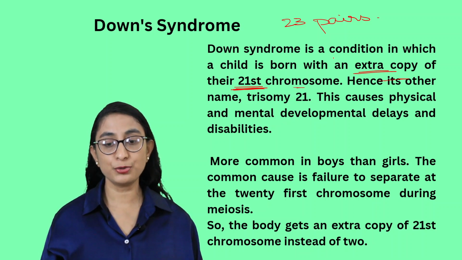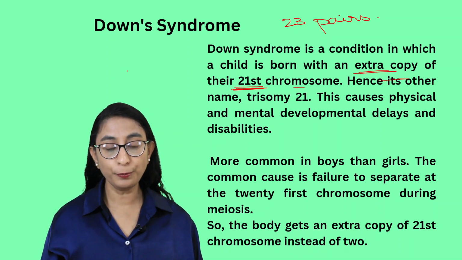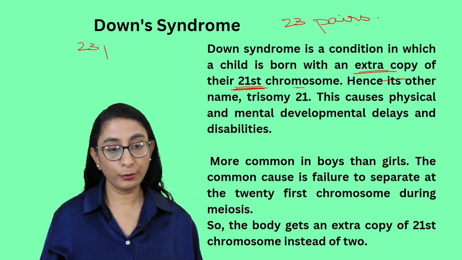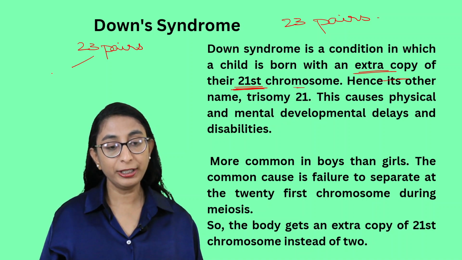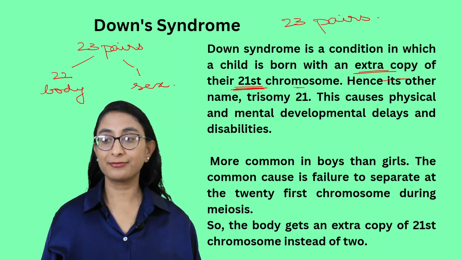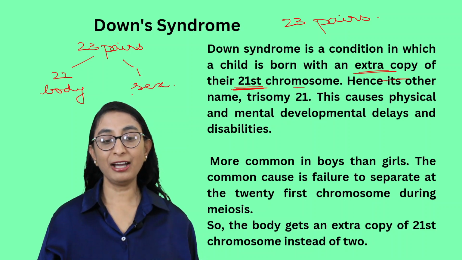So out of these 23 pairs, 22 pairs are body chromosomes and one pair is the sex chromosome. So we have 23 pairs of chromosomes totally.